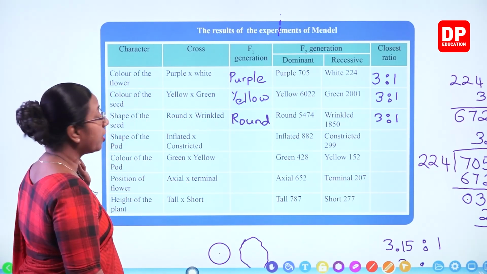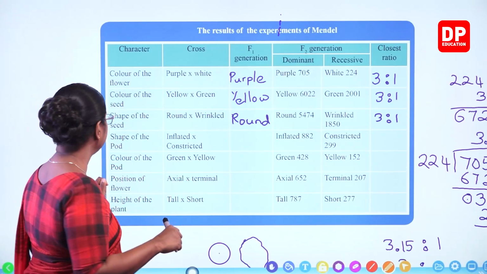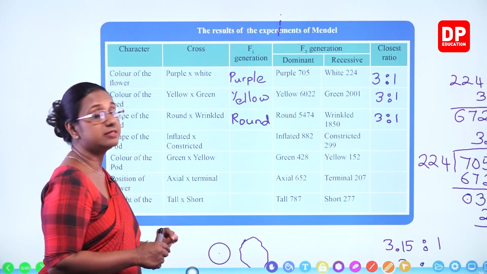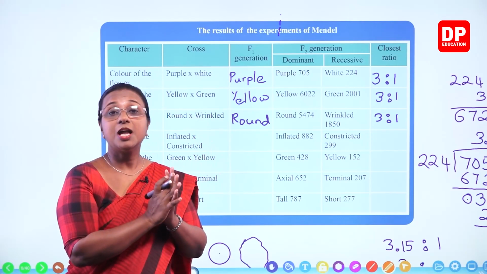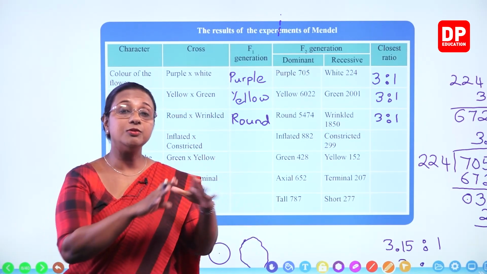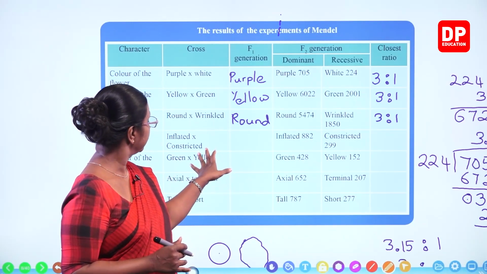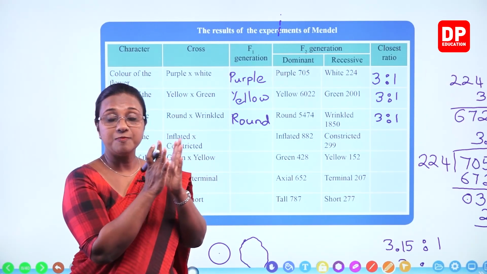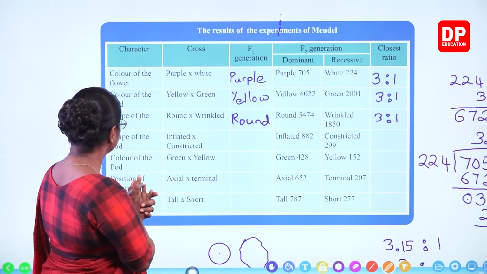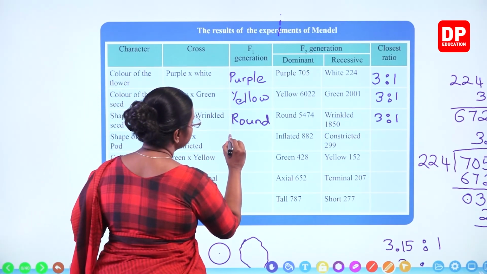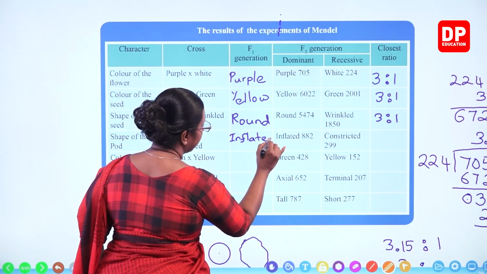Then the shape of the pod. You all saw what the pod is. Pod is the one that contains the seeds. Inflated, constricted. You know the meaning of inflated and constricted. Now balloon, when you blow air into the balloon, it inflates. So it's a full pod. Whereas constricted, the pod is somewhat shrunk like. So in that also, inflated character is the dominant character.